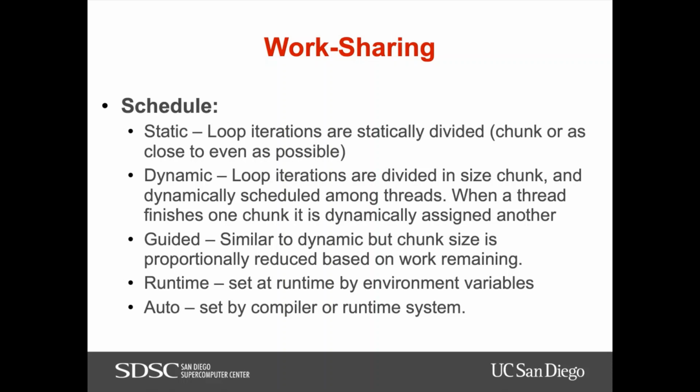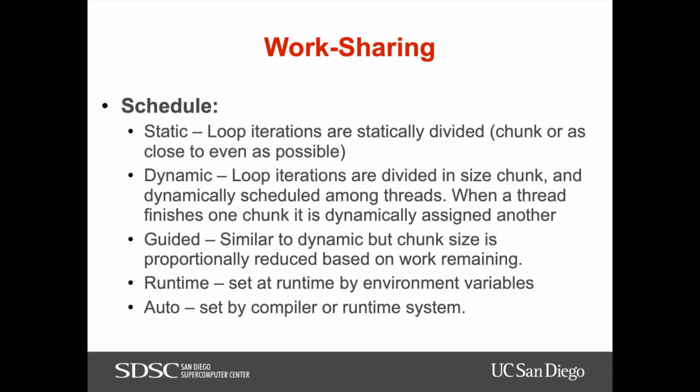Then you're going to get an unbalanced situation where a lot of cores will be sitting idle waiting for the others to finish. So in such a case, you might want a dynamic one, where when a thread finishes a chunk, it gets another chunk. Guided is similar to dynamic, but the chunk size is also reduced as the remaining work reduces.